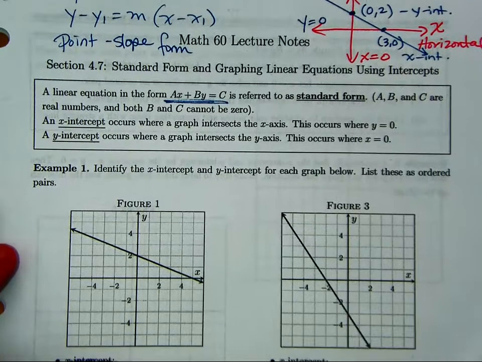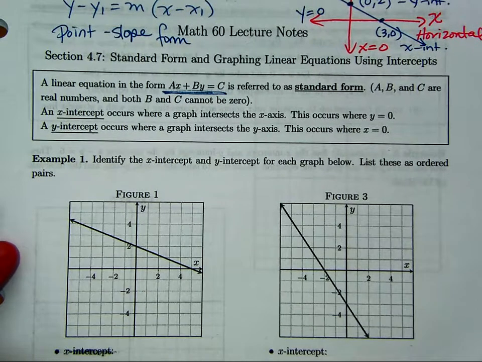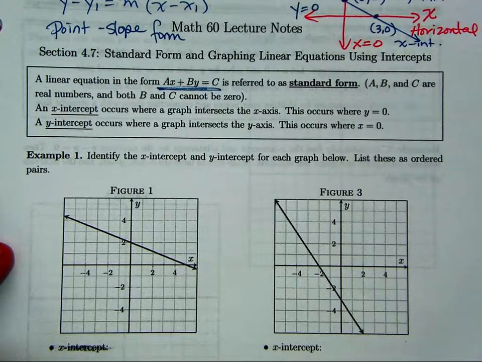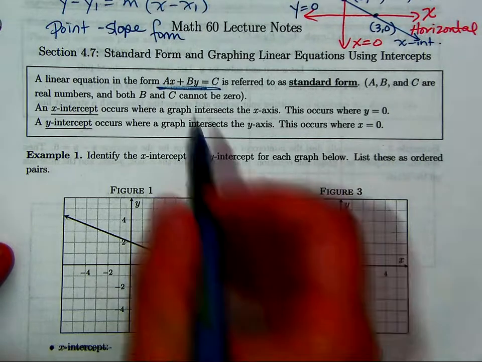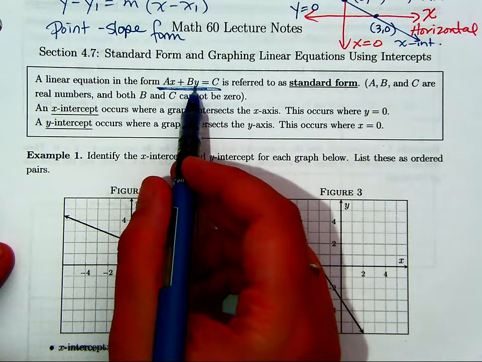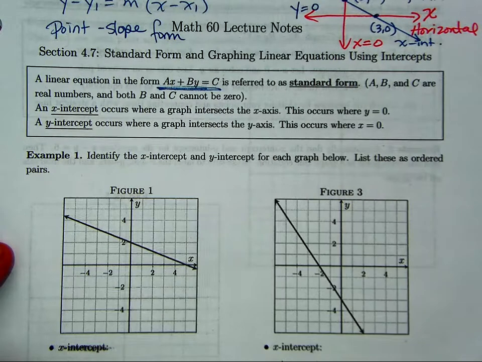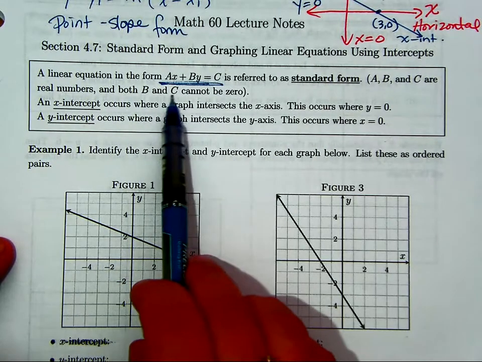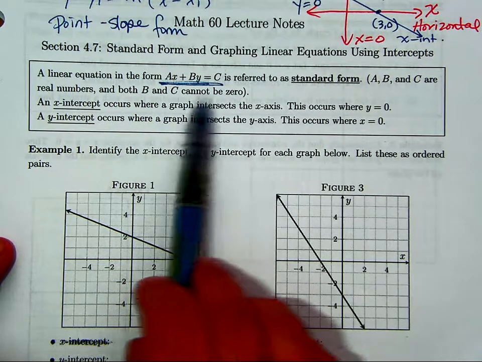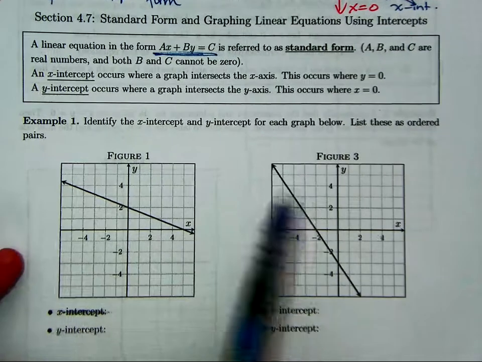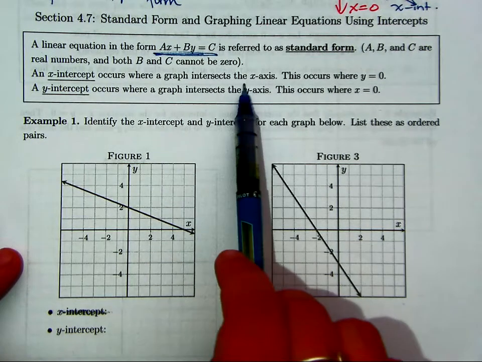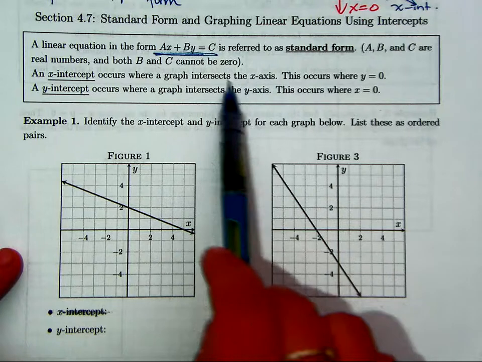Now, this new form is standard form, ax plus by equals c. And you might remember from when we were solving for a variable, you could rearrange this and get it into slope y-intercept form. We're going to talk about that later. Okay? A, B, and C are real numbers. Both A or B and C cannot be 0. An x-intercept occurs when the graph intersects the x-axis.